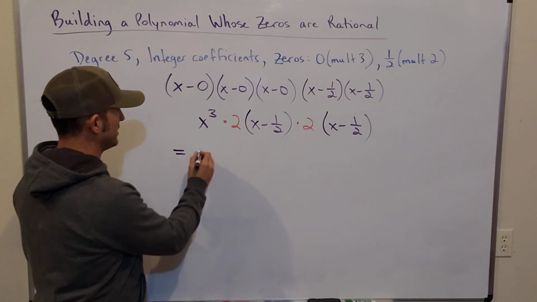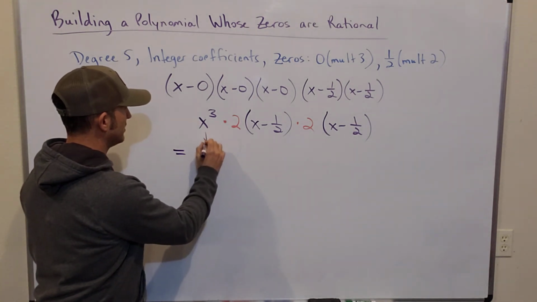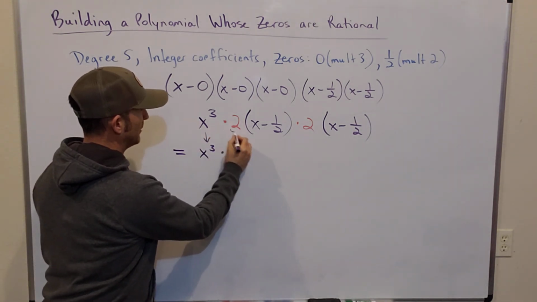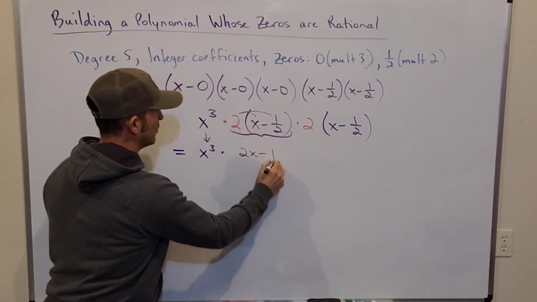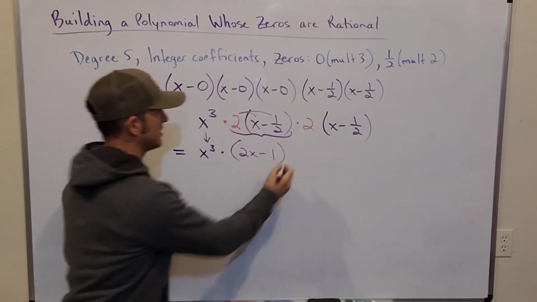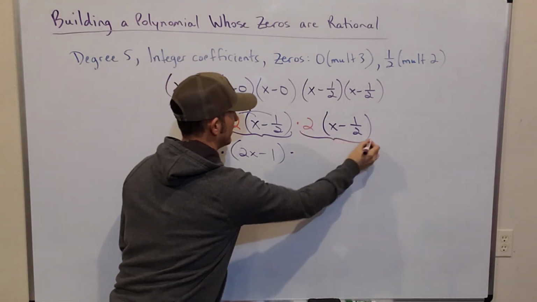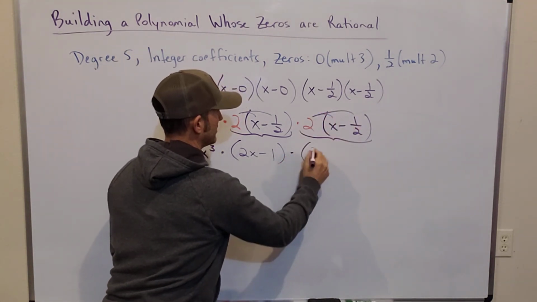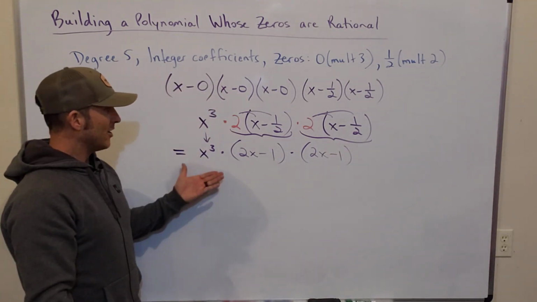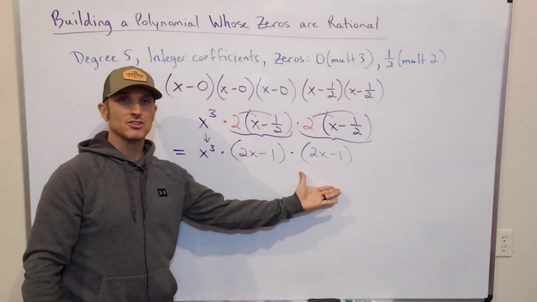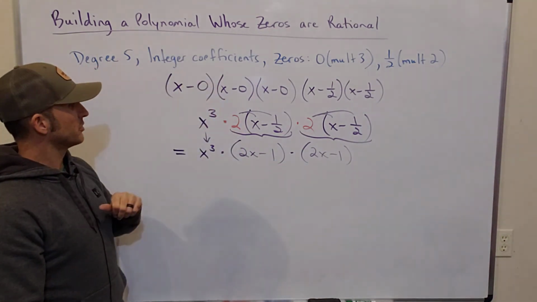The first thing I'm going to do is I'm going to copy my x cubed times, and I'm going to multiply all of this together to get 2x minus 1 times, and I'll do the same thing here, 2x minus 1. Okay? So now I can see I don't have any fractions left, so I know I'm going to get integer coefficients.